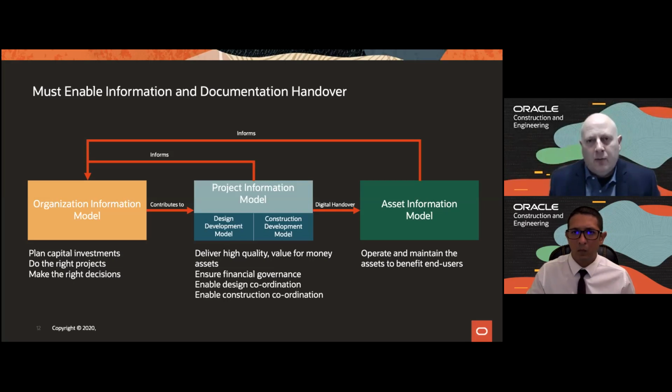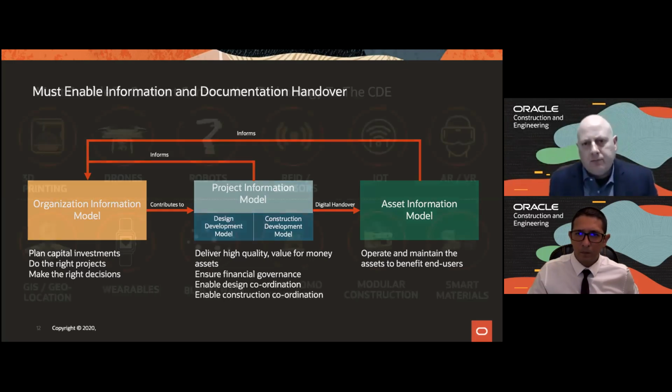Part of that is handing over a digital twin, as-built baseline, all the documentation, drawings and specification that's relevant to operating and maintaining that asset. So this collaboration platform that enables remote work must also be able to enable information handover.